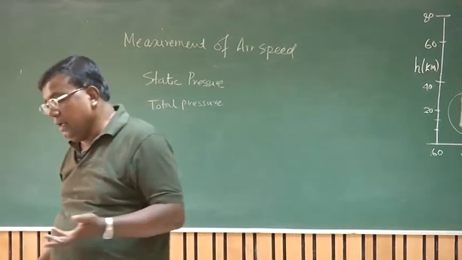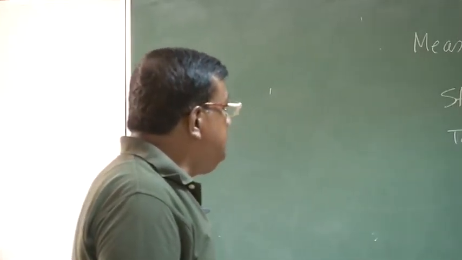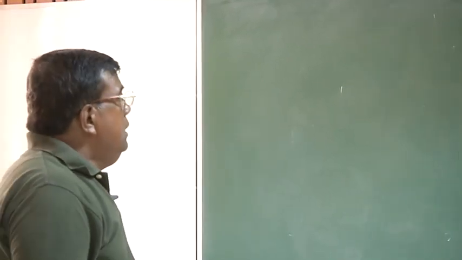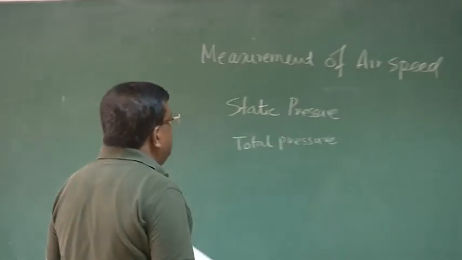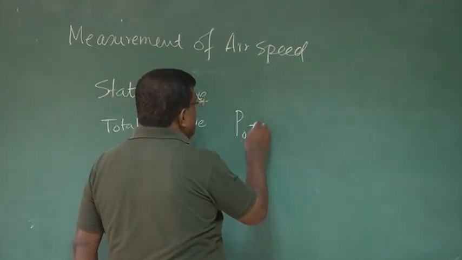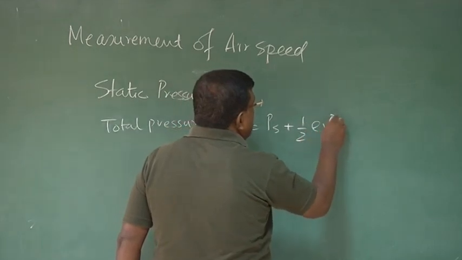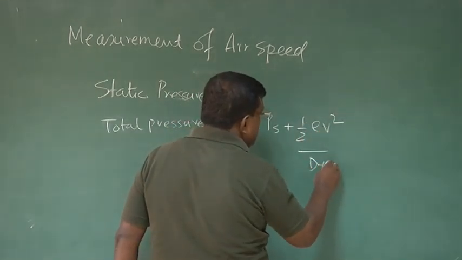In aerodynamics terms, we say you bring that fluid motion to rest isentropically, that is, there are no losses. Total momentum is transferred into force, okay, through pressure. And if you recall, I can always write P total is equal to P static plus half rho v square, which is the dynamic pressure.